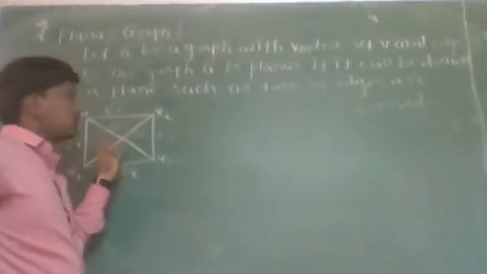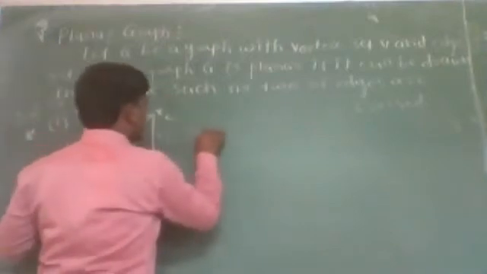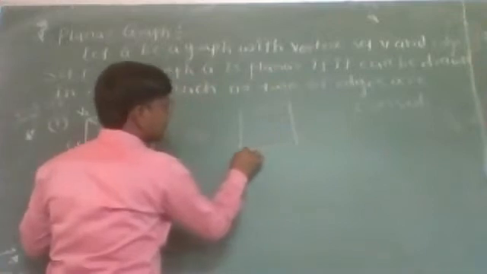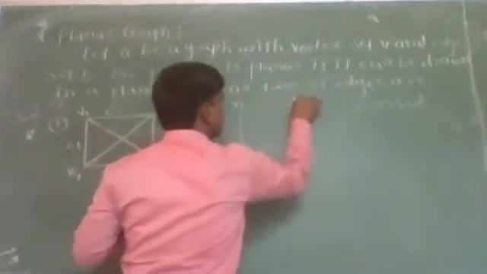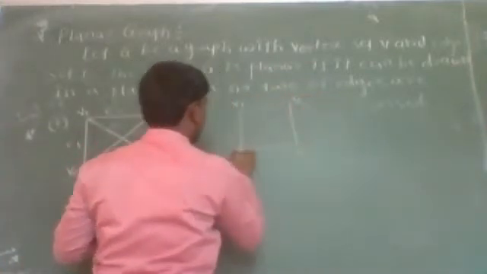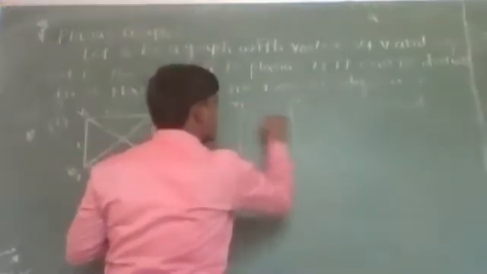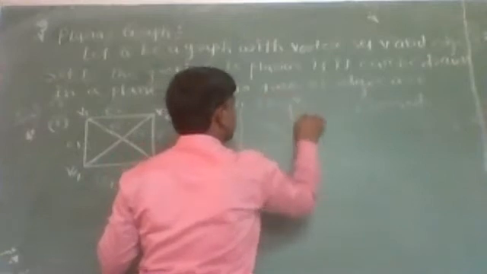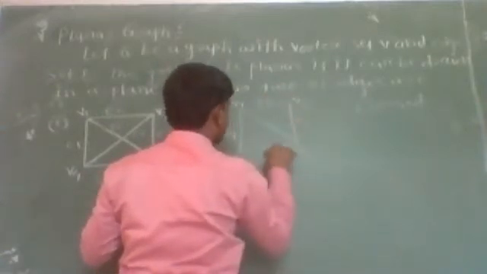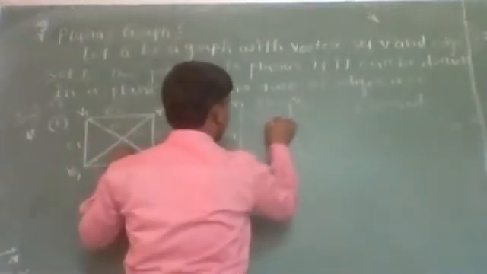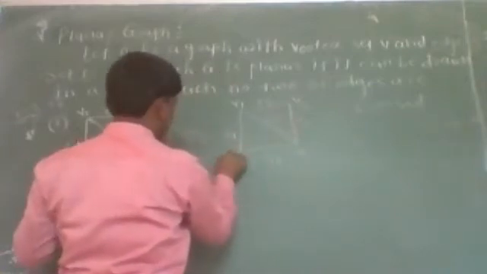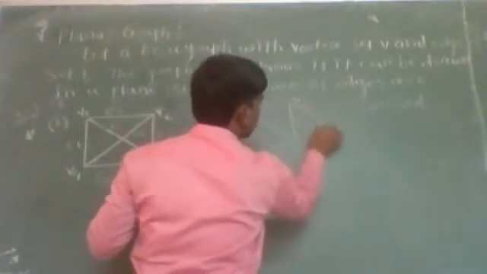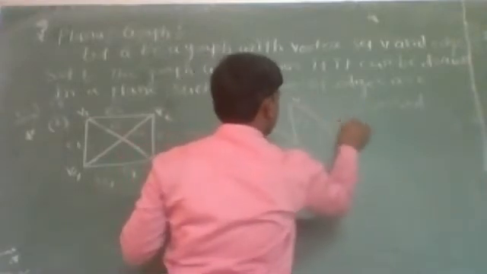since this graph is isomorphic to this graph, with vertices V1, V2, V3. And let us take E6 as this, and this will be the E6.